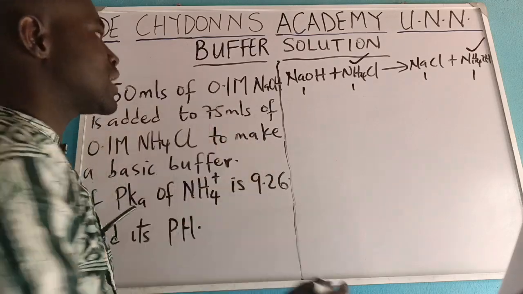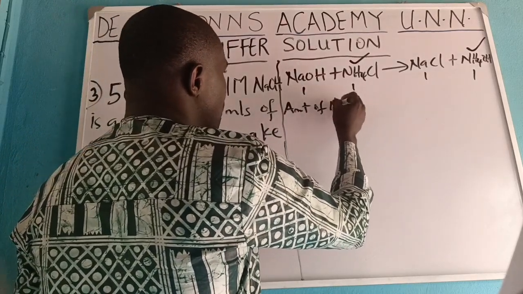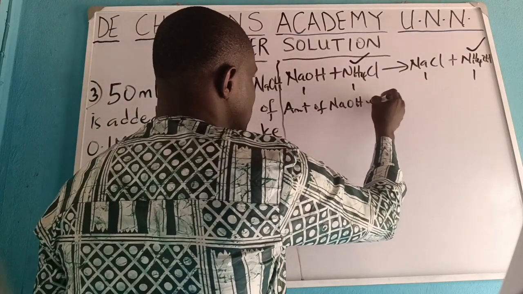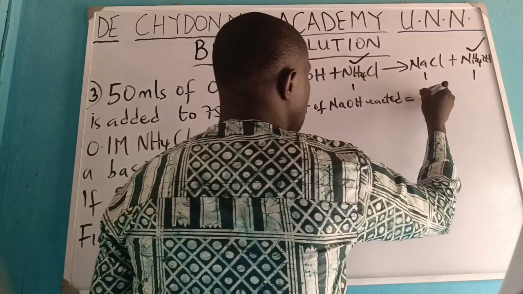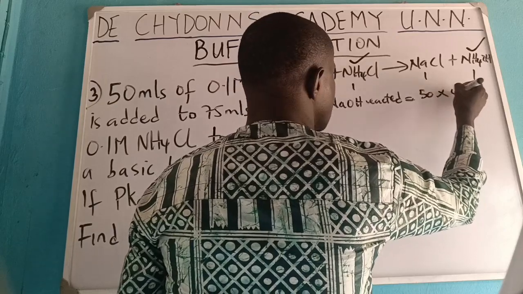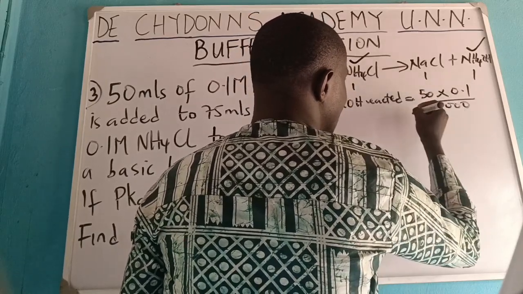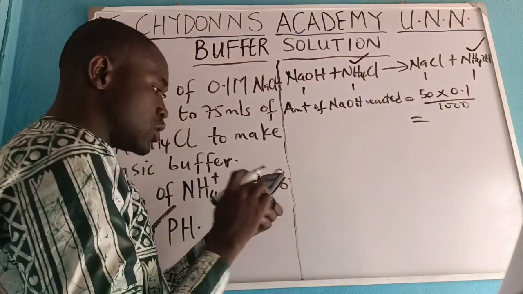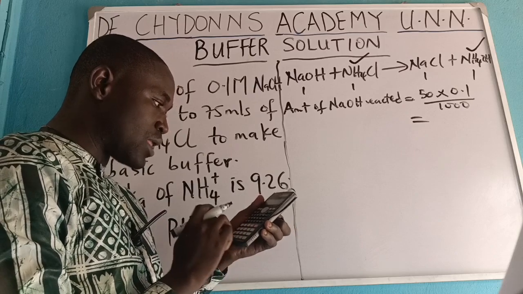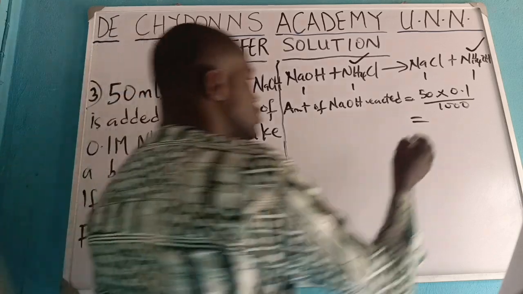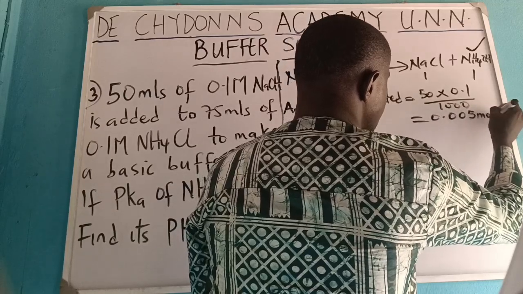Now, let's get the amount of moles of sodium hydroxide that reacted and the one for ammonium chloride that reacted. Amount of sodium hydroxide reacted equals 50 times 0.1 all over 1000. That is the formula. So you say 50 times 0.1 divided by 1000. That gives you 0.005 mole.